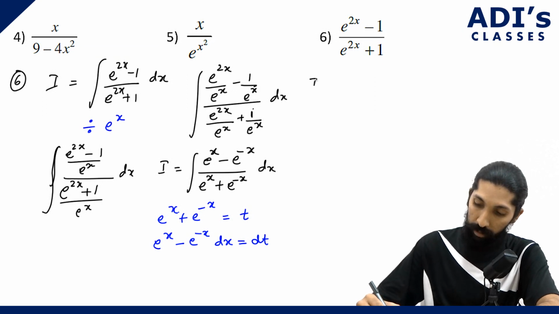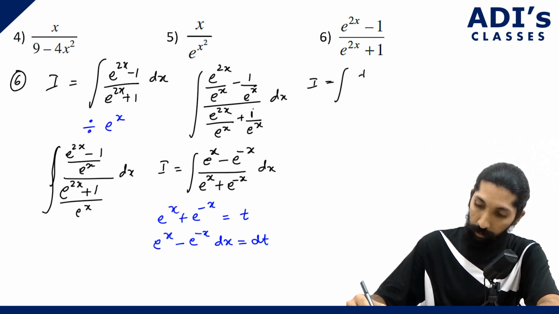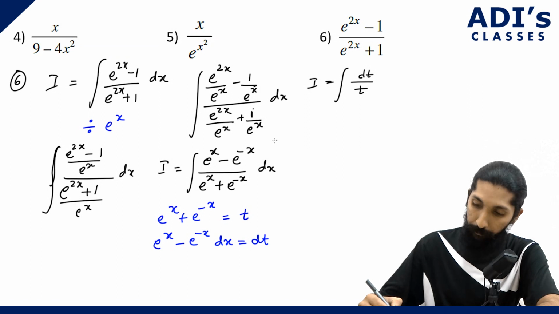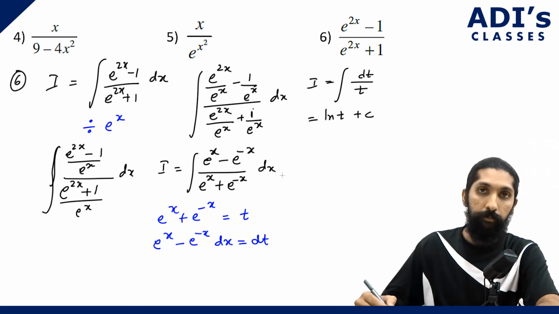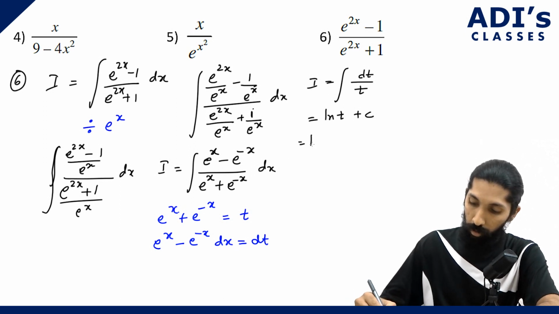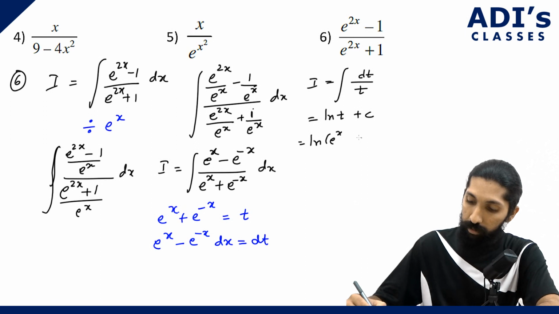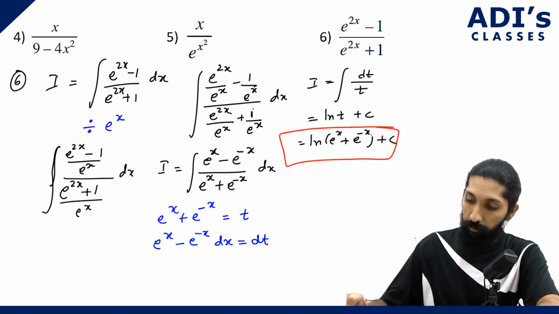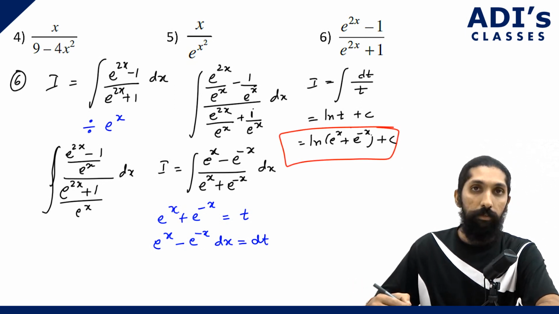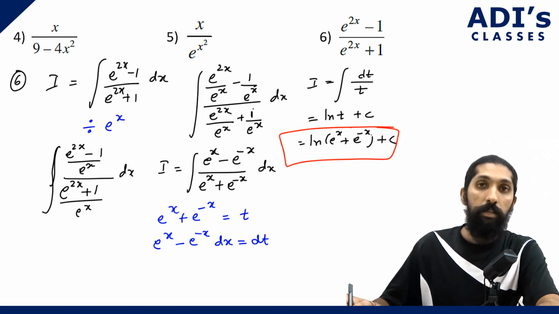So you have I is equal to the integral of dt divided by t, or this is going to become log of t plus c. So log of e power x plus e power minus x plus c. So this is going to be the final answer. Fair enough. This is the answer for the sixth one.